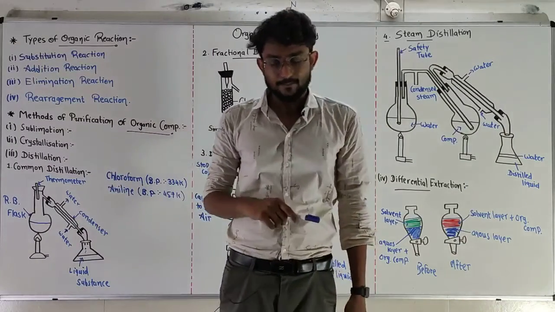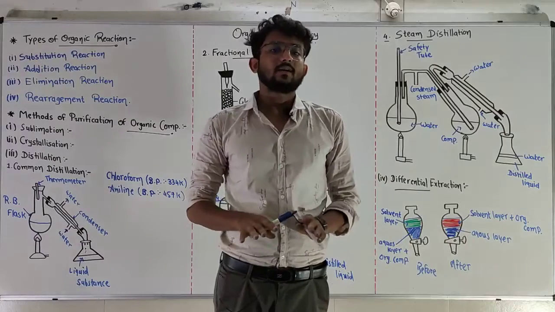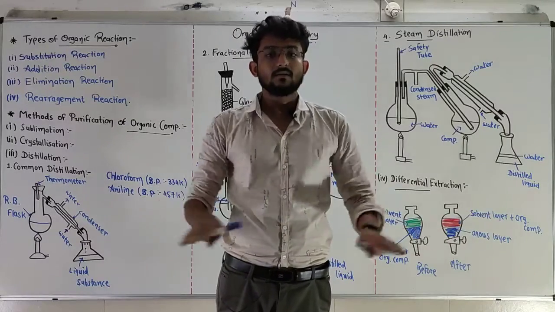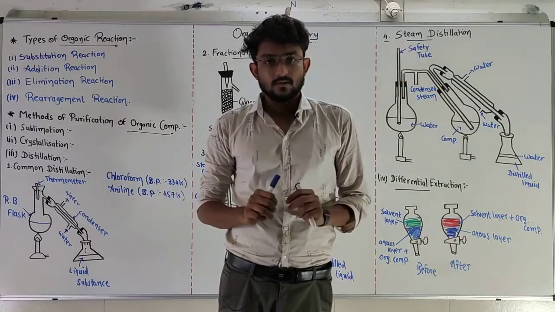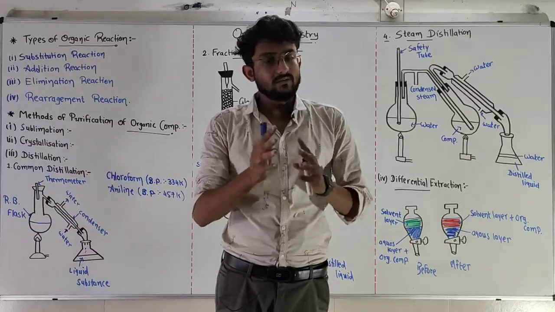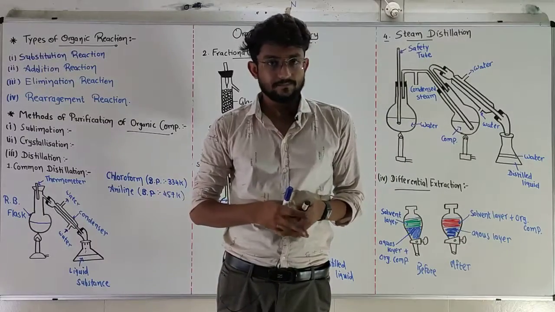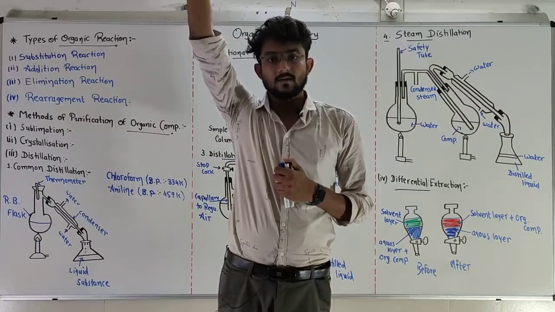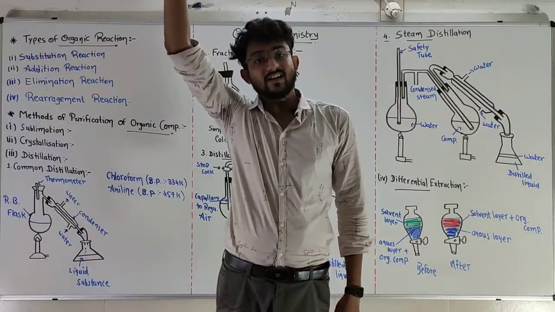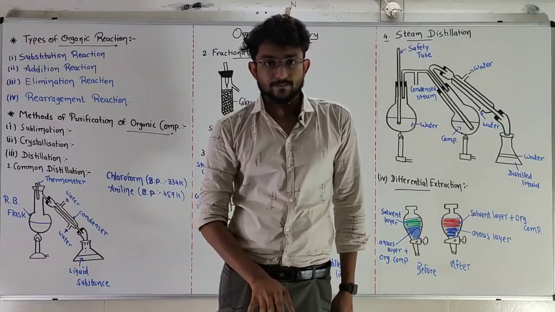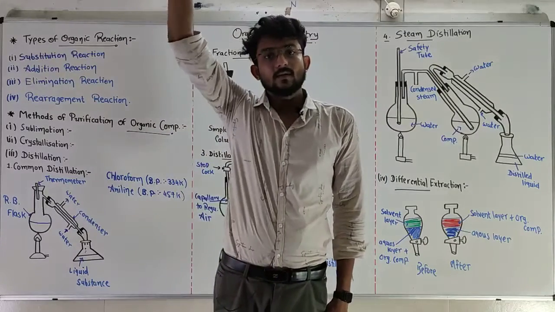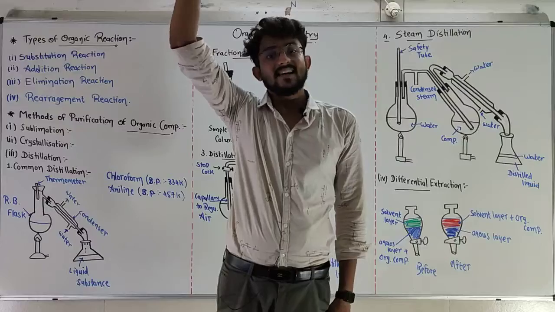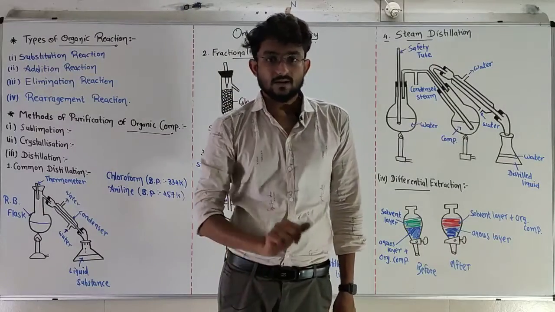Let's take an example. Suppose we are standing at sea level on earth and I am boiling my water. It will take 100 degrees Celsius. Now I am on top of the Himalaya, where air is very much lighter than at the surface. So there the atmosphere has less pressure compared to sea level.